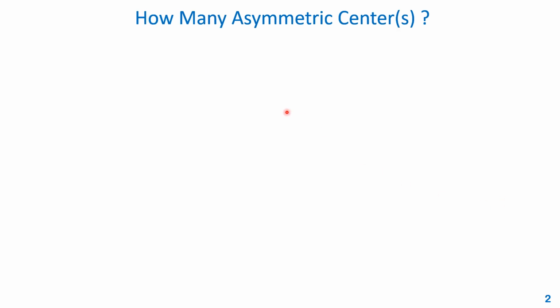Okay, now let's have more examples and find the asymmetric centers. First, you have this other cyclic compound with 2 methyl groups here. And then look at this carbon. First, we know that's not this one, these carbons, they are all CH2. They cannot be asymmetric.